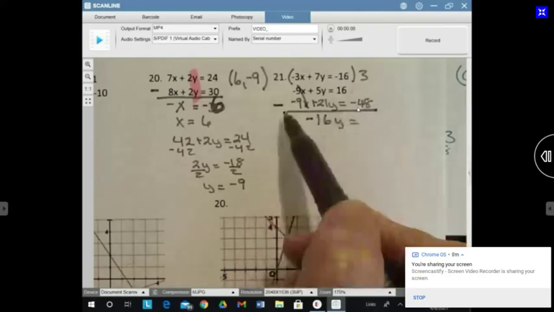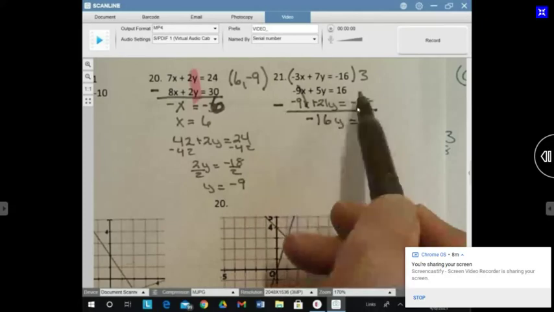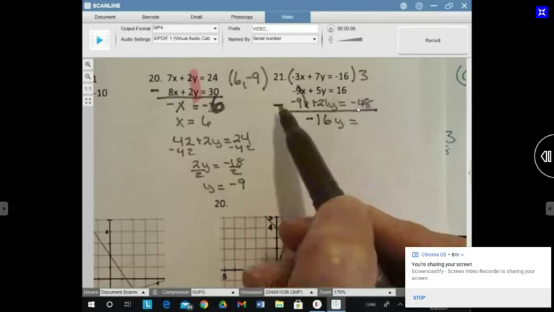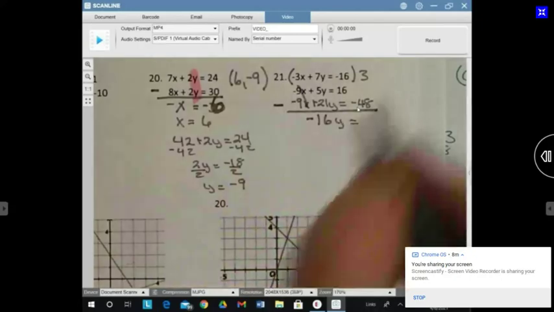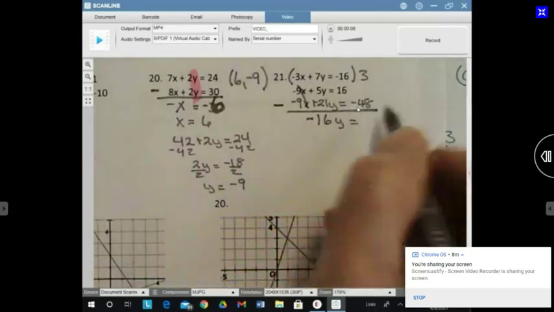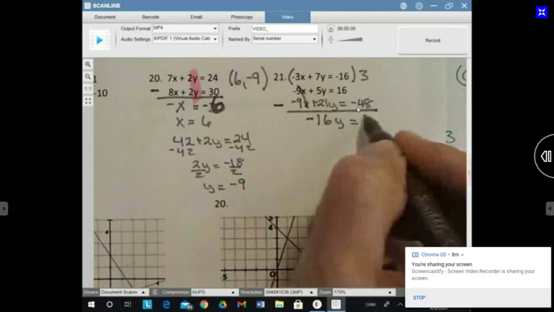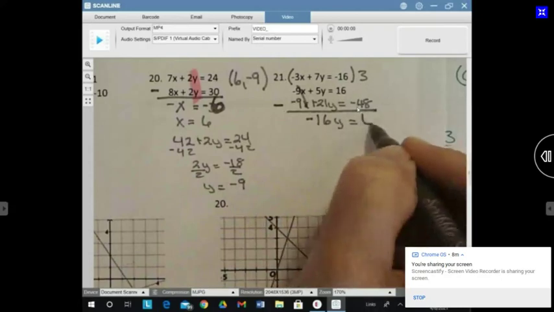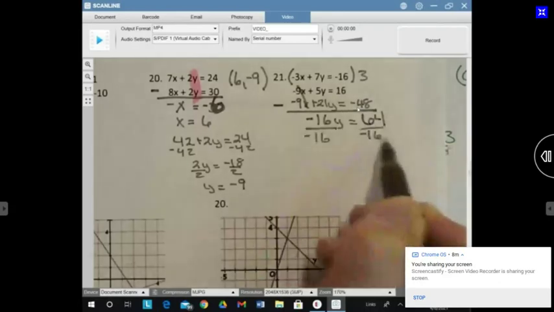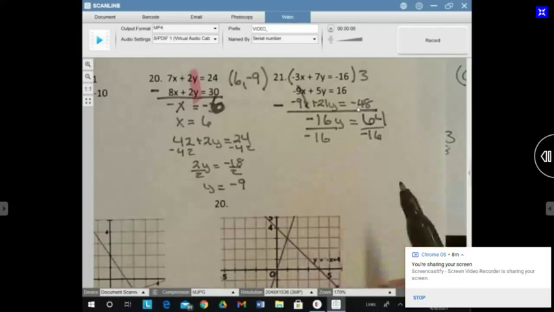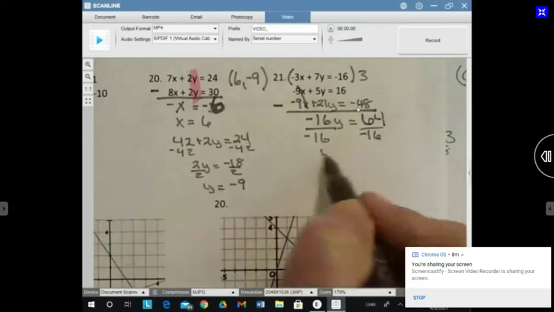I have got 16 minus a negative. Minus a negative means I got to add 48. Dividing by that negative 16. Catch up. Y equals a negative 4.